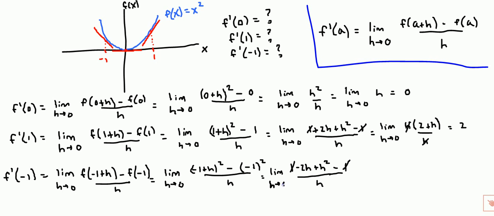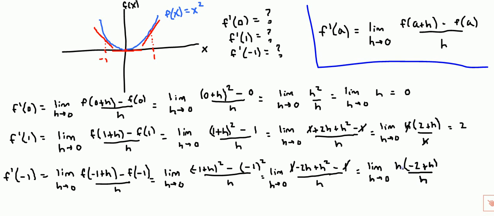So again, the 1's cancel, and I can take an h from the top again. So I'm left with the limit as h approaches 0. I took an h from the top. This h is gone, I'm left with -2, 1 less h here, plus h, divided by h.